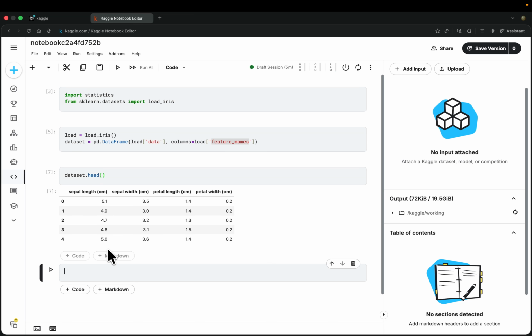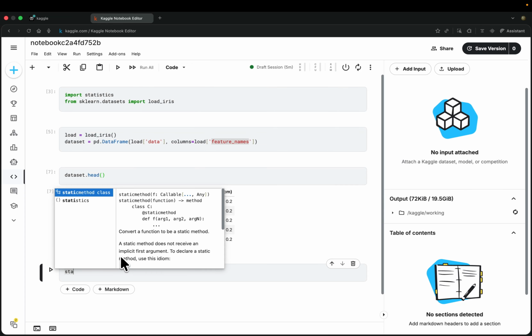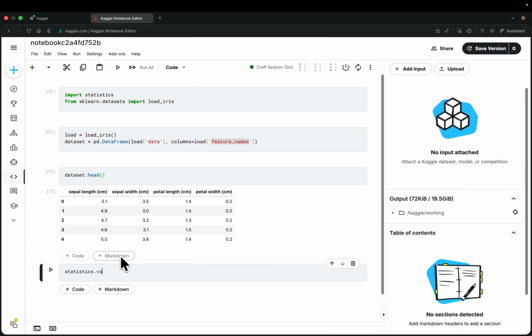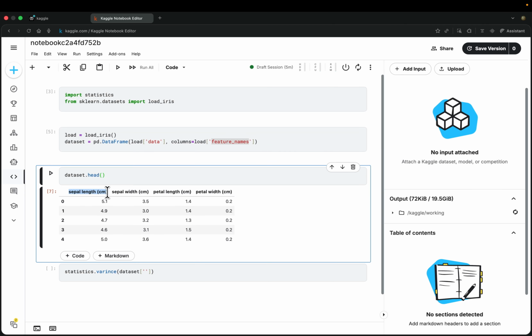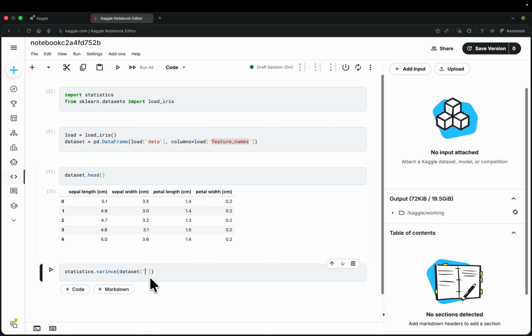It would be valuable for looking for outliers and for just understanding the structure of the data. So we just used the statistics module and the variance function like that, and we want to see this data set, and these are lengths in centimeters. We're going to look at that.